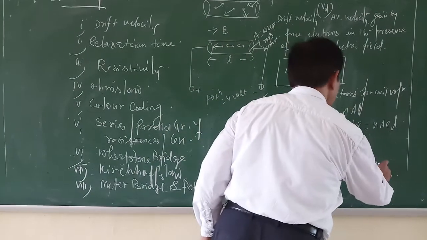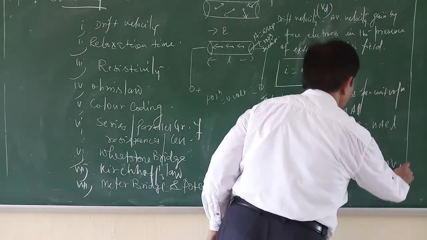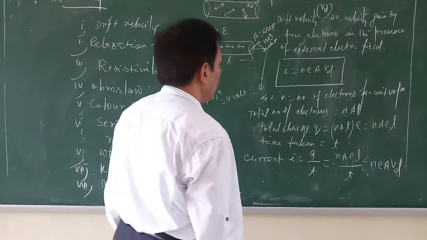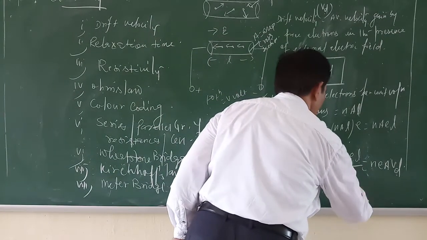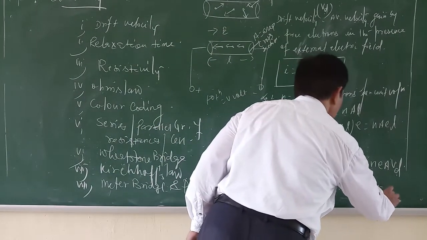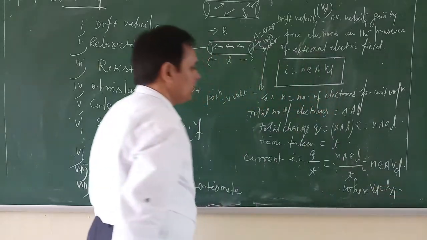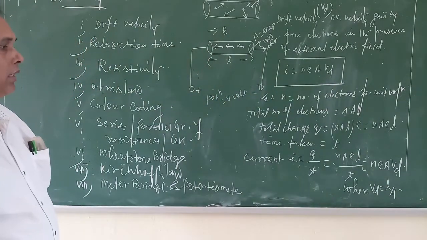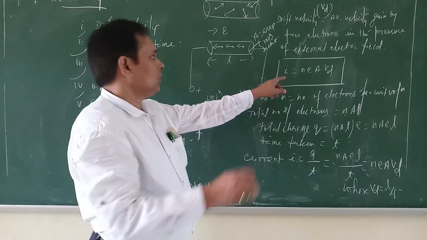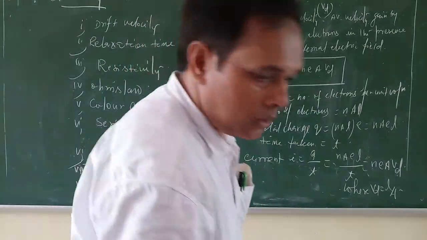So this is nAeVd, where Vd equal to L by T, distance per unit time. This is a very important expression.